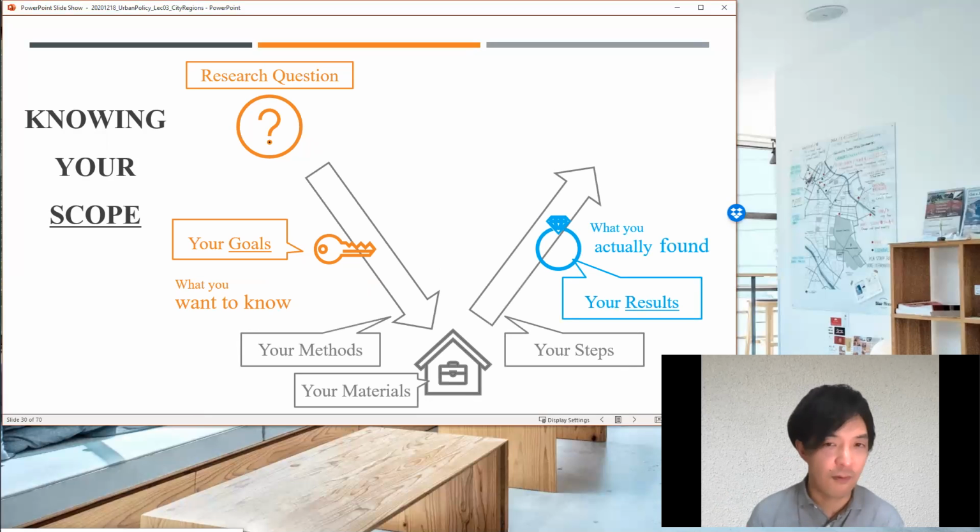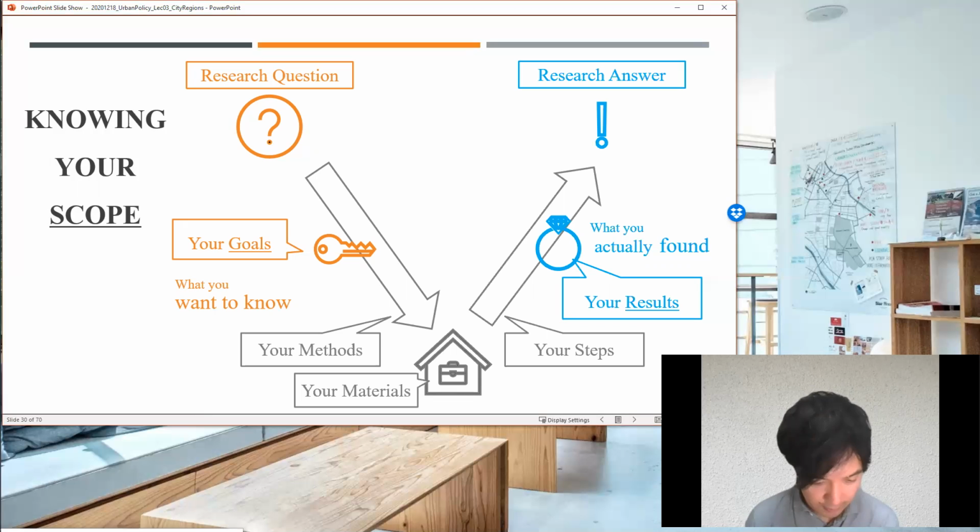In short, you get facts, the facts that you found. As long as you follow these processes, you can give your answers to your research questions. Therefore, whenever you want to do this process, you should have your own method, materials, and steps, right? Also, you should explain them as your scope.